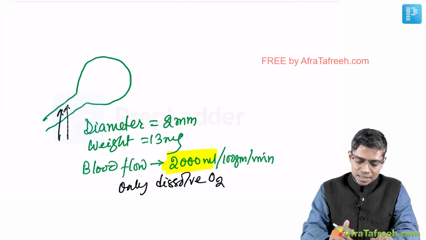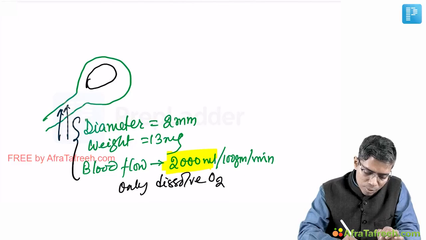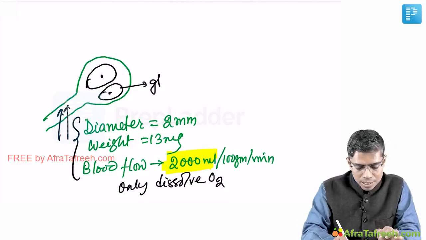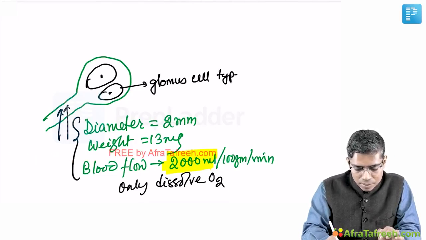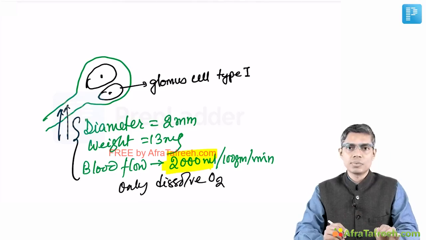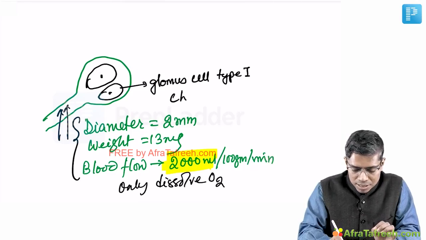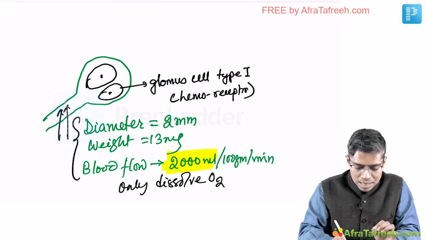Now, inside this carotid body and aortic body, there is a special type of cell. This cell is known as glomus cell type 1. This glomus cell type 1 is actually the chemoreceptor of your body. Getting my point?